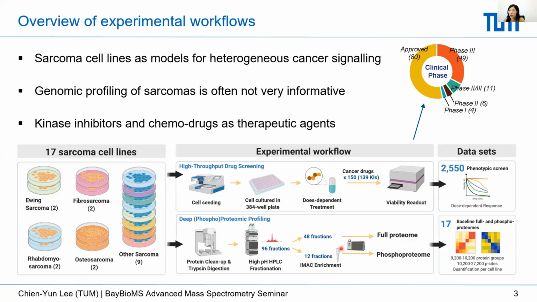And meanwhile, we also generate the baseline deep full proteome and phosphoproteome with different fractionation by high pH HPLC fractionation. This data set gives us roughly 9,000 to 10,000 protein groups per cell line, and also 10,000 to 27,000 phosphosites.